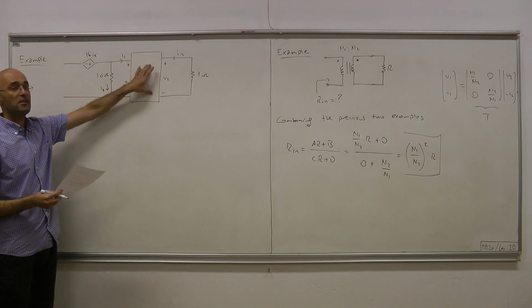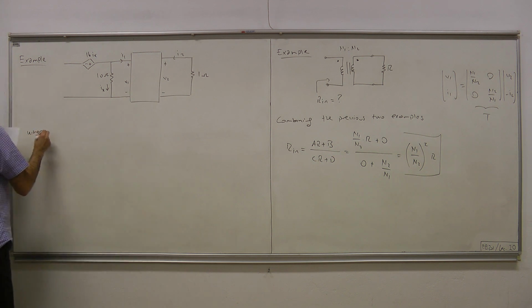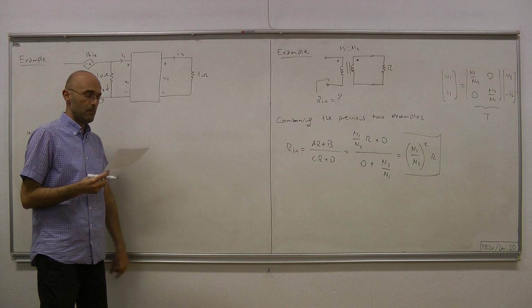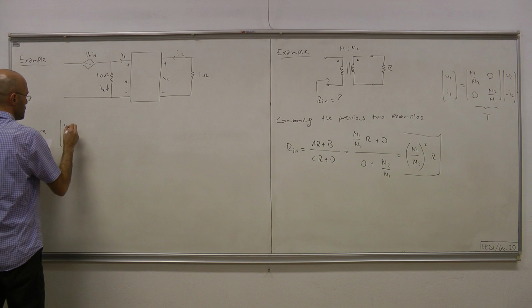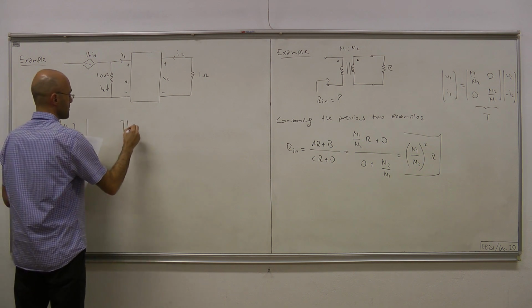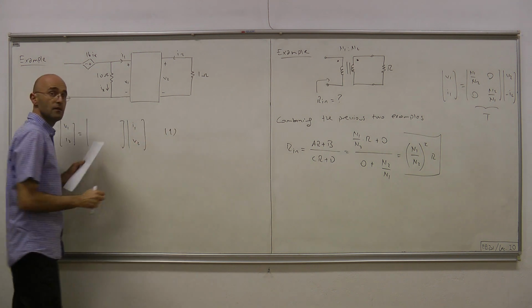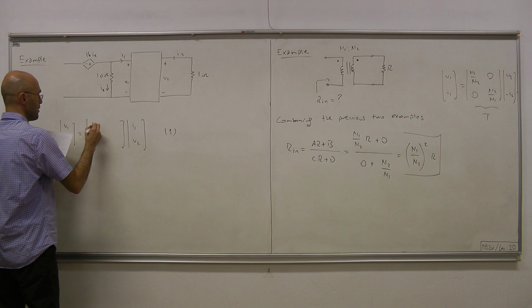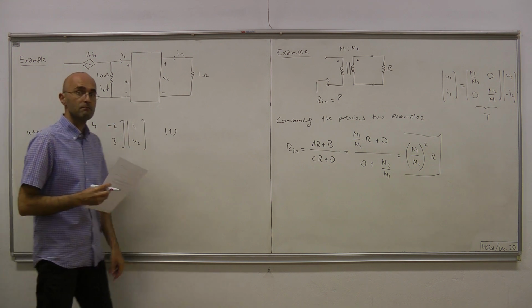Now for this two-port, we're given the hybrid representation where V1, I2 equals the hybrid matrix times I1, V2. And the hybrid parameters are going to be 4, -2, 2, 3.